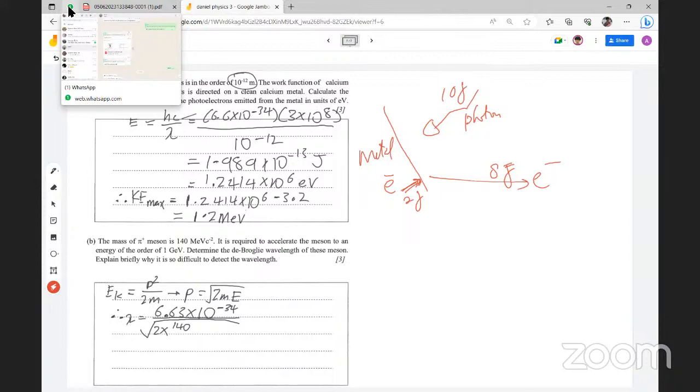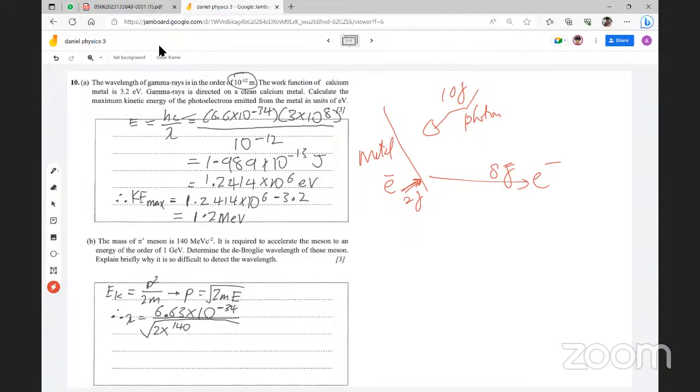The mass is in MeV over c squared, mega electron volt over c squared. I need to convert it to mass, c squared to kilograms, divided by 9.3.